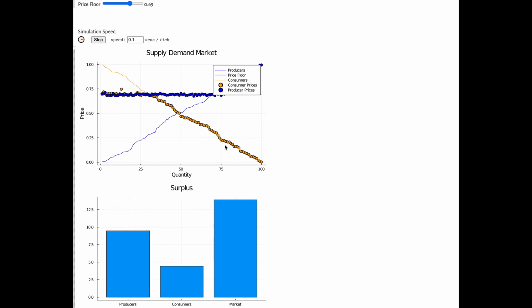Before, only these consumers were stuck at their limit and not able to make trades. But now this extra set of consumers is not able to make trades because the price is just too high for them. On the other hand, all of these producers who wanted too high a price are now actually able to make a trade. And note that this only happens because the government comes and buys all the surplus.